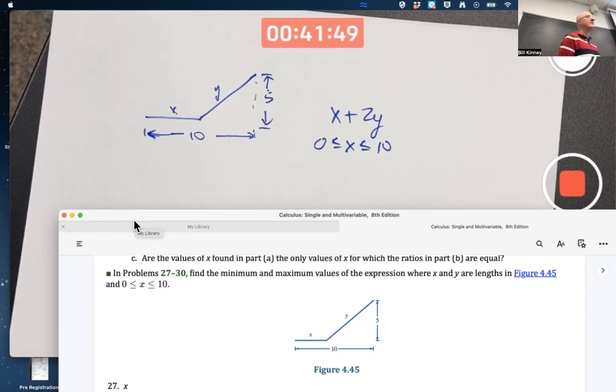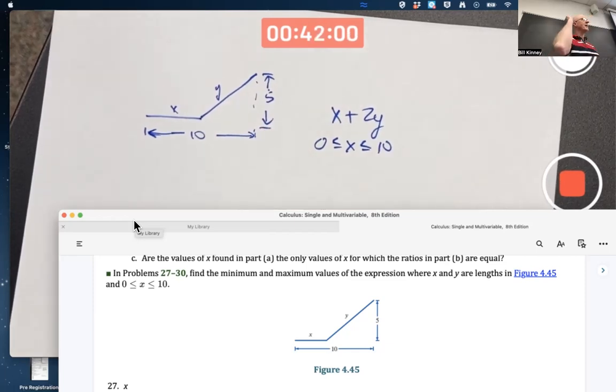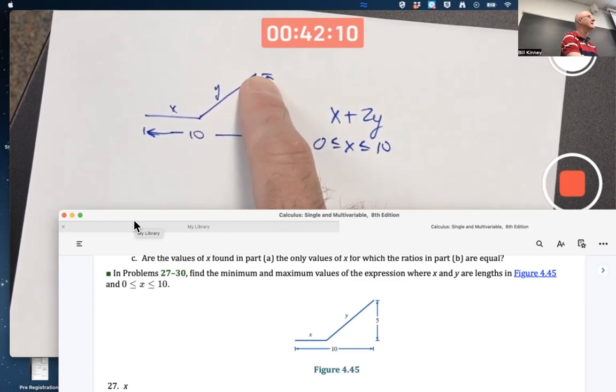This dog is relatively famous because an article was written about the dog, how when the owner took the dog to the beach, pretend the beach is down here underneath this line, and the owner threw a frisbee or a stick into the water, not straight out into the water, but at an angle, the dog would run along the beach a certain distance before jumping in the water to swim to minimize something. The dog did it naturally.